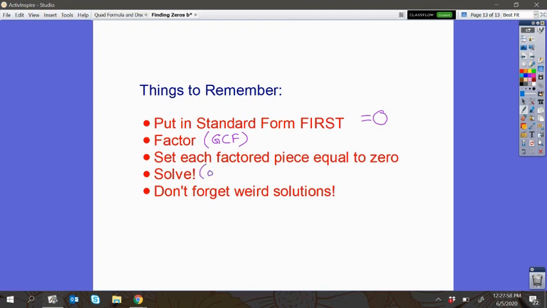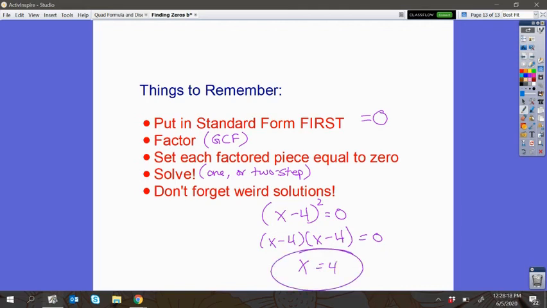When you solve, it's usually a 1 or a 2-step equation, so those are really easy. And then don't forget that weird solution like we just had, x minus 4 squared. We can split that up into x minus 4 times x minus 4 to get us 1 zero of that x equals 4. Be aware that there can be 1 zero.